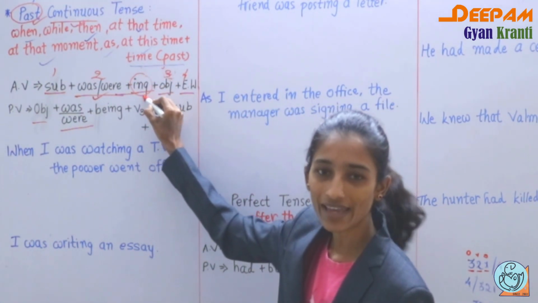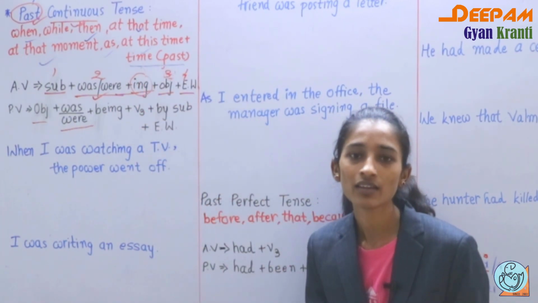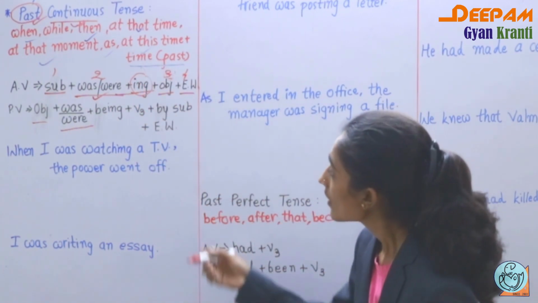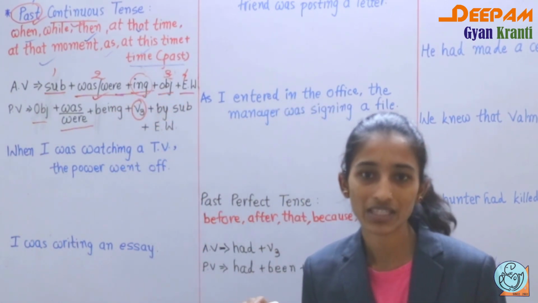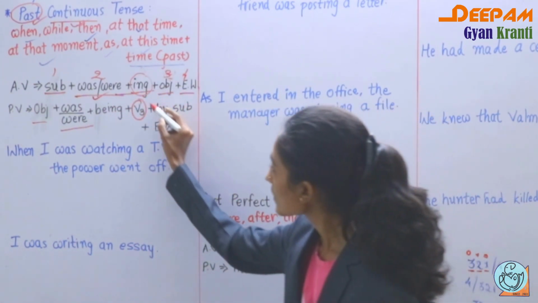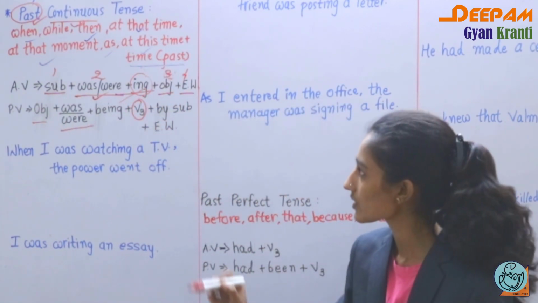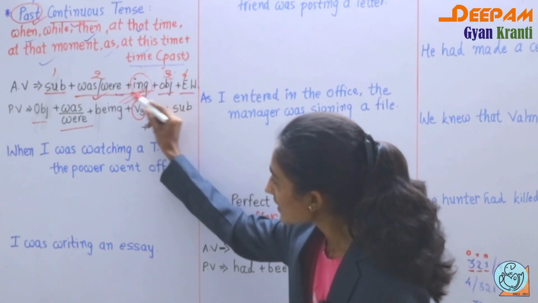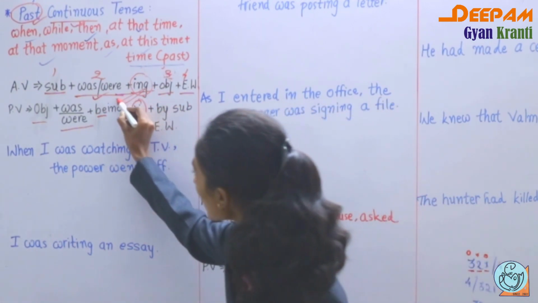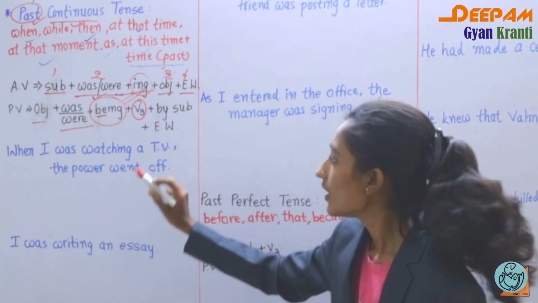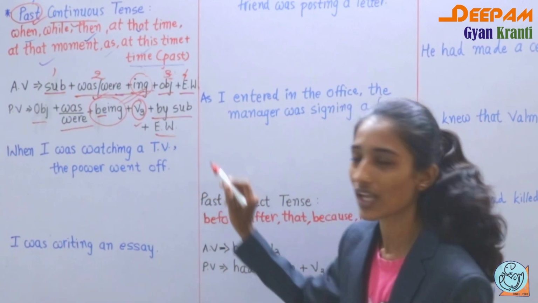We are putting ing behind the main verb, like playing, singing, writing, jumping, but in passive we have to change the main verb into the V3 form, meaning past participle. So what about this ing? We have already discussed in the present continuous tense that we have to put ing behind be, meaning we have to add being. Then V3, the past participle, then by plus subject and then extra words.